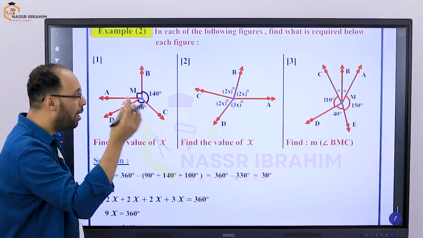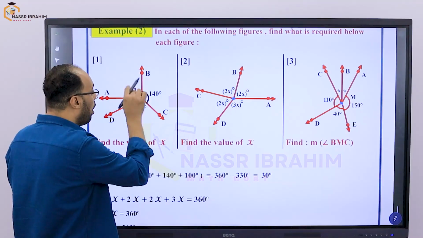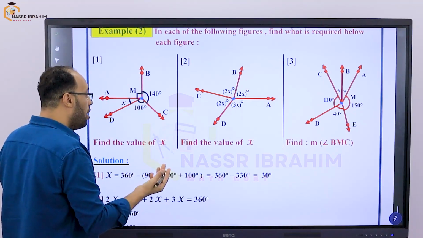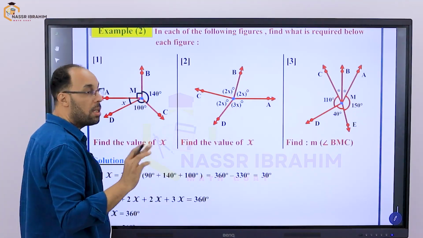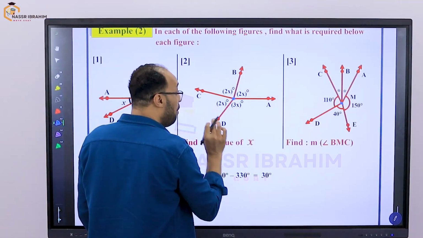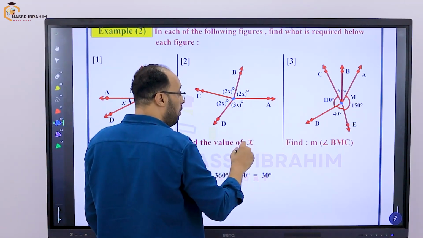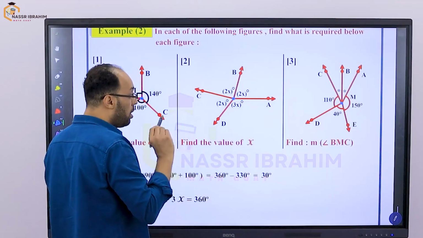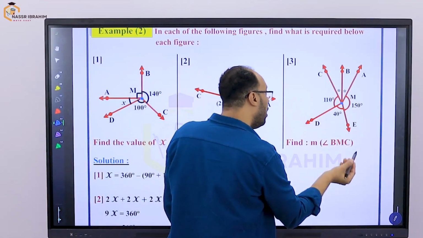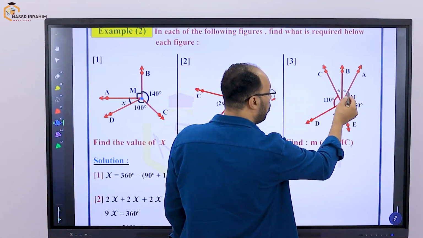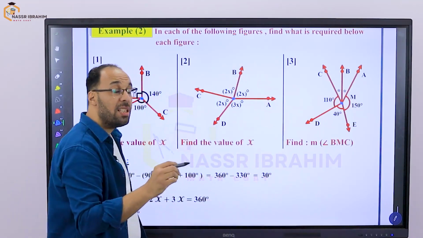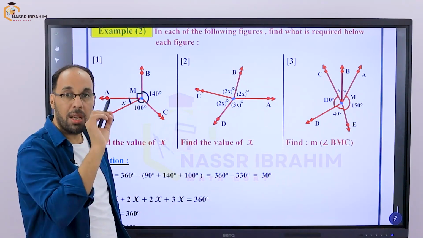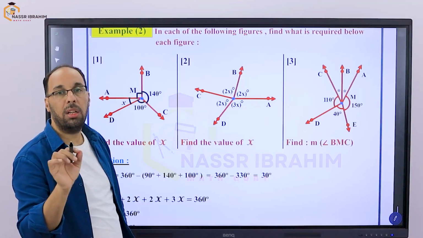Then he may give us some angles, and we subtract from 360. Or he gives us symbols, and we add them and set them equal to 360. Or we have two equal angles. In all cases, you have to set the sum of these angles equal to 360.